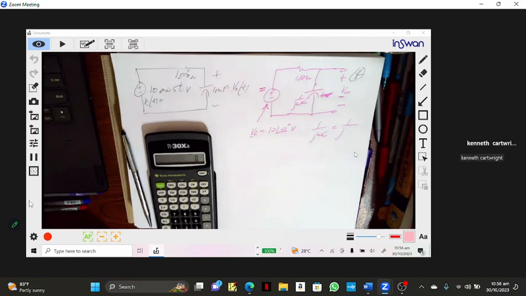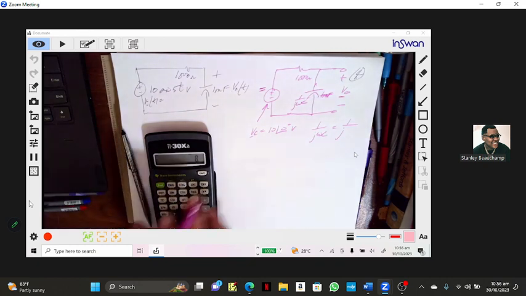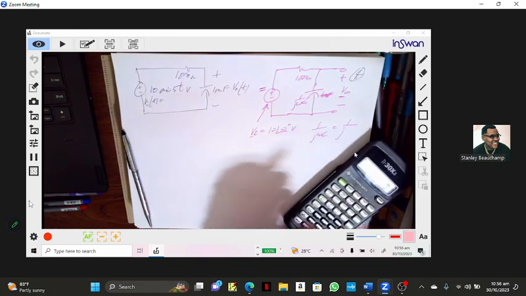I was thinking tau is 1 over RC, or 1 times R times C, something like that. Put 1,000 on top.